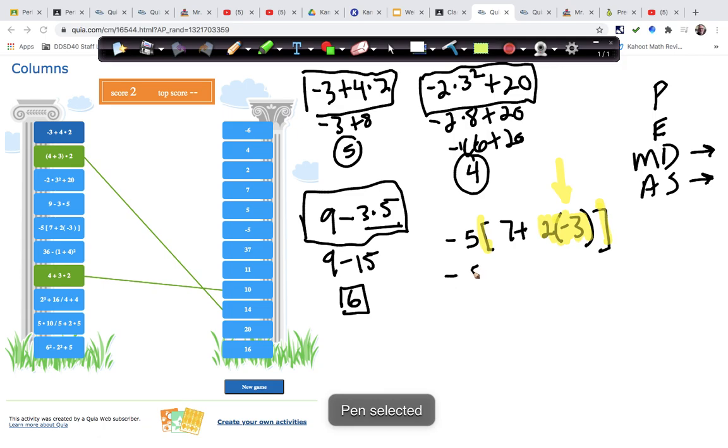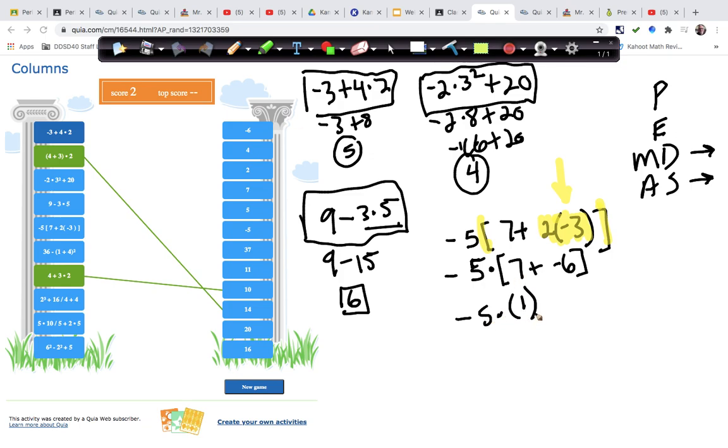So negative 5, and outside parentheses means multiplication. There's this implied multiplication symbol there, which we don't need to write, but I'm going to put it in there so you know it's multiplication. 7 plus 2 times negative 3 is negative 6. Hmm, then we do what's inside these brackets, which are the same as parentheses, negative 5 times 1.